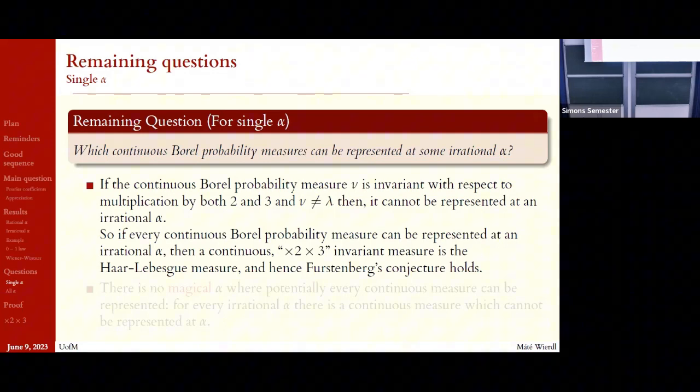And actually, yeah, okay. So if you look at kind of the converse, so if you say somehow you figure it out that every continuous measure can be represented at some irrational alpha, then that means that any measure which is invariant with respect to multiplication by both 2 and 3 must be the Lebesgue measure, and that would be Fürstenberg's conjecture.